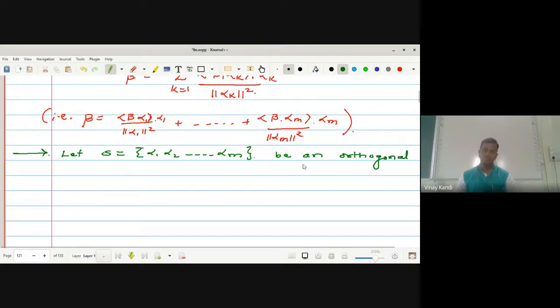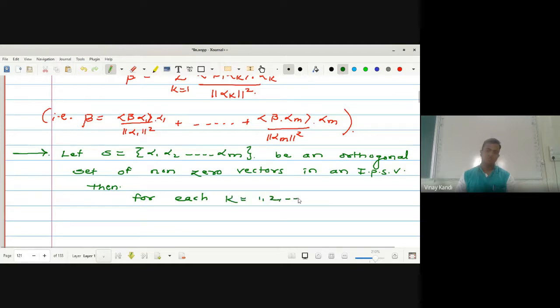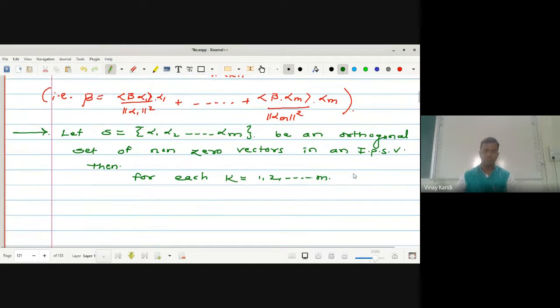It is given to us, orthogonal set of non-zero vectors in an IPS V, inner product space V. Then for each k is equal to 1, 2 up to so on m, the set is orthogonal.